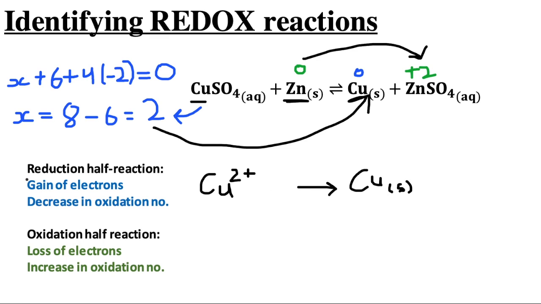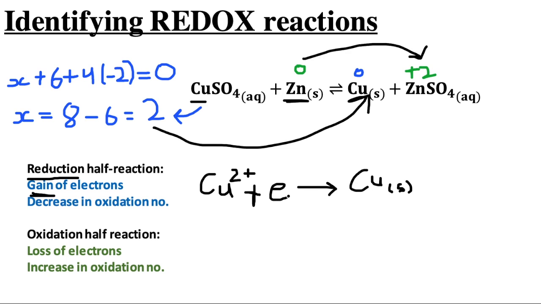Now as reduction is the gain of electrons, we have to include these electrons in the equation, and because electrons are gained, they are written on the left hand side of the equation.